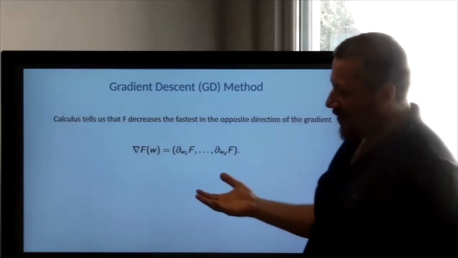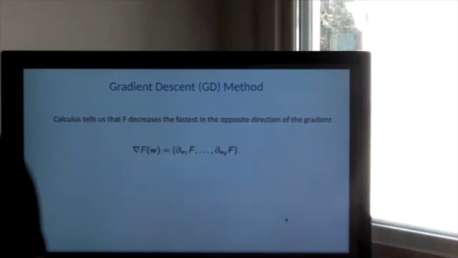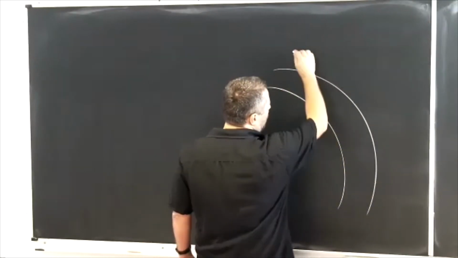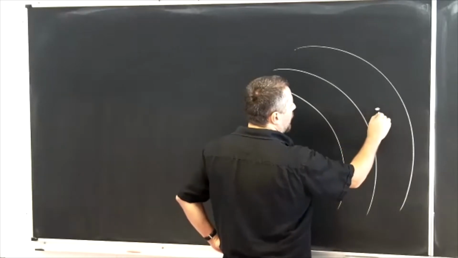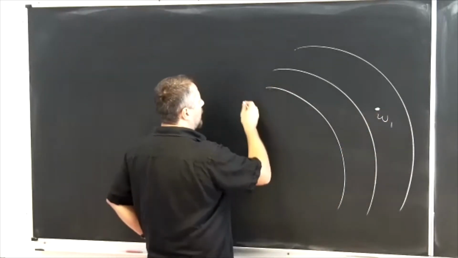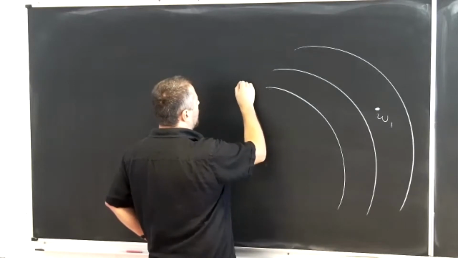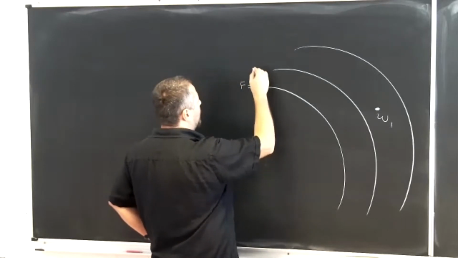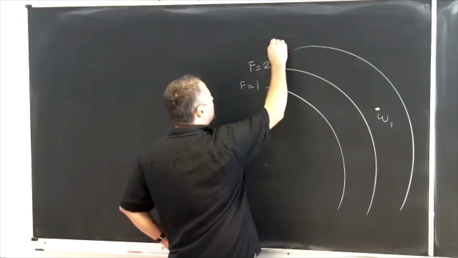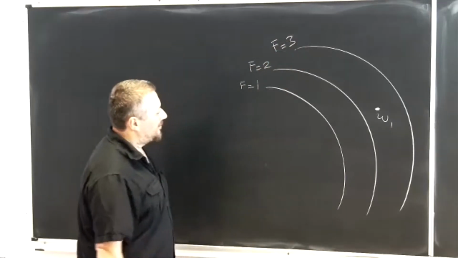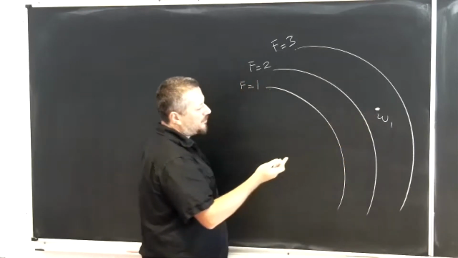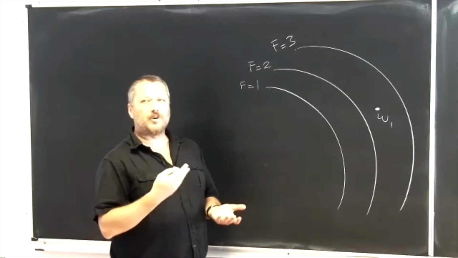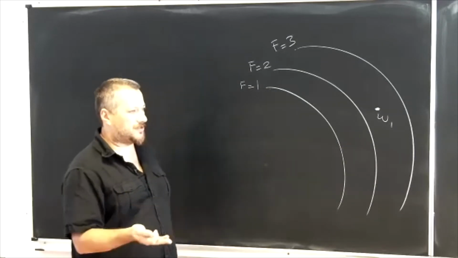So let's say these are the level curves of a complicated function, and we start at some point omega 1, and let's say this is where the function equals 1, equals 2, and 3. These are the level curves. So when you start at some point, what you want to do is take a small step in the direction where the function decreases.